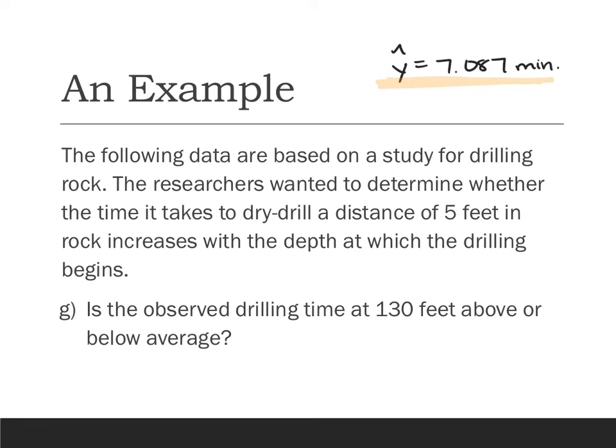And if you remember from chapter 6, we used that term expected value to mean the same thing as the mean or the average. So we want to know if the observed value, the observed time, which I've got in the table on the next slide, is bigger or smaller than this predicted value. So let's take a look.